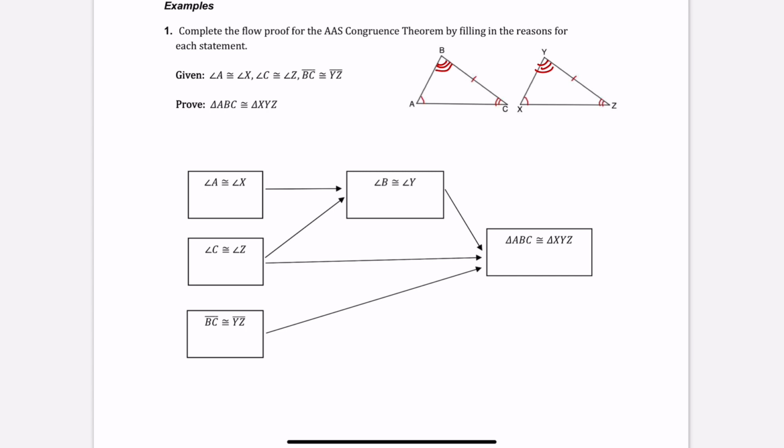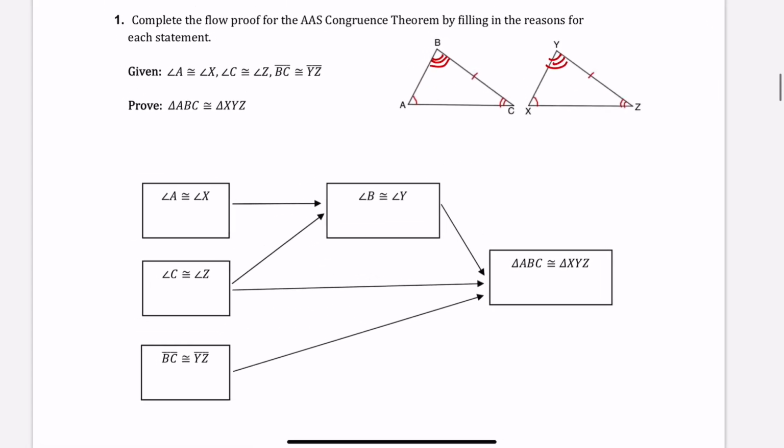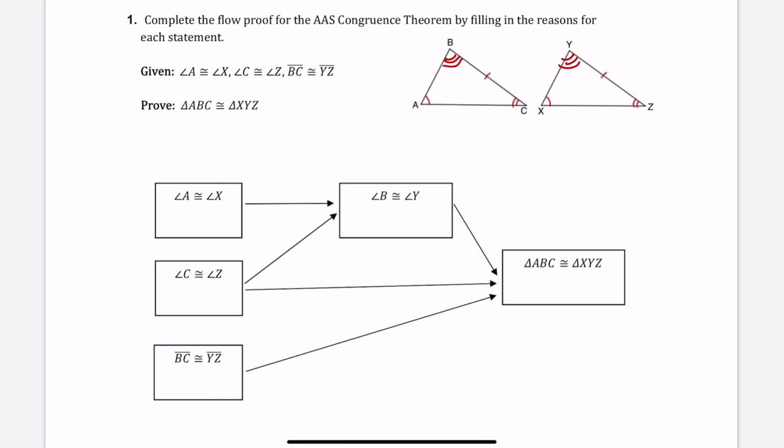Now we're going to use our angle-angle-side congruence theorem to fill out the reasons in this flow proof. A flow proof is a flow chart where we write a statement and the reason inside the flow chart, and that has arrows to indicate other things that come from that. So we're going to start.